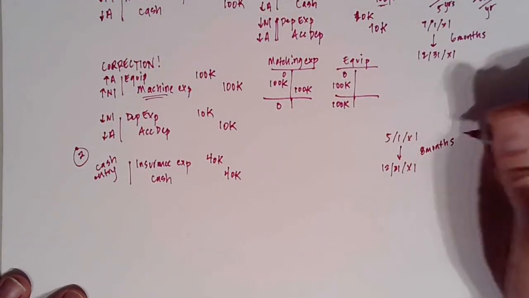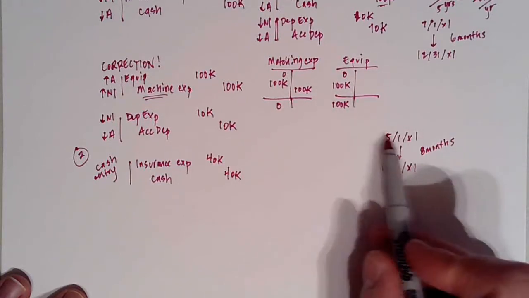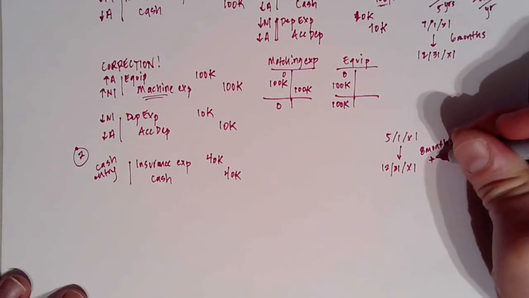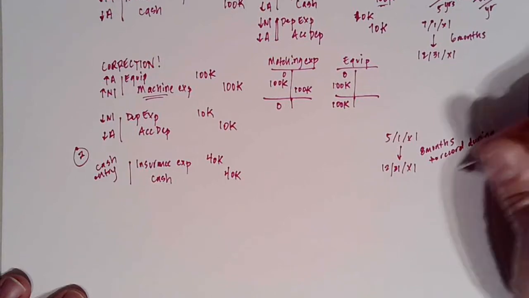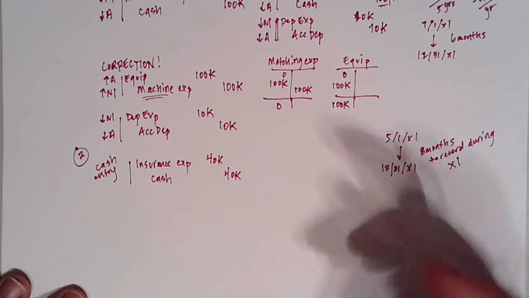Now remember, it's 8 months, not 7, because 7 months would be excluding the month of May. So we have 8 months to record during the year X1. So that's the amount of expense I want to record.